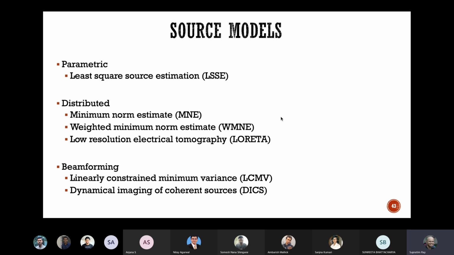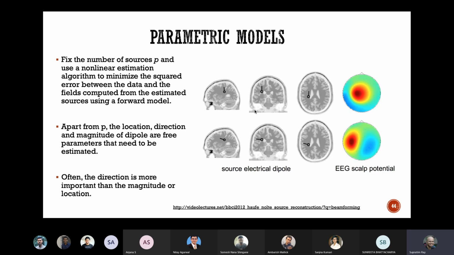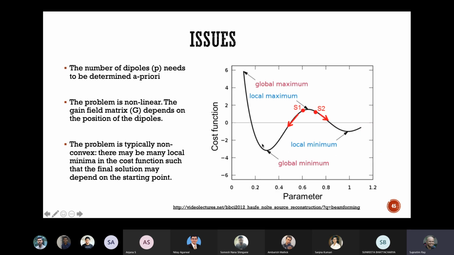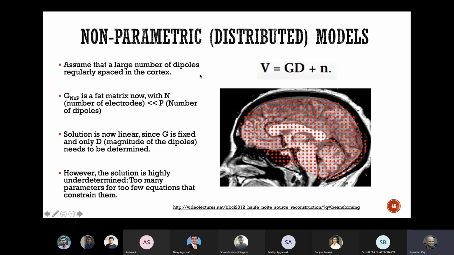So a quick recap. We very briefly talked about parametric models, but mainly we focused on the non-parametric distributed models in which dipoles are assumed to be at a fixed location and different orientations as well. So if there are 1,000 dipoles, you would have 3,000 different dipoles, each pointing in x, y, and z directions.